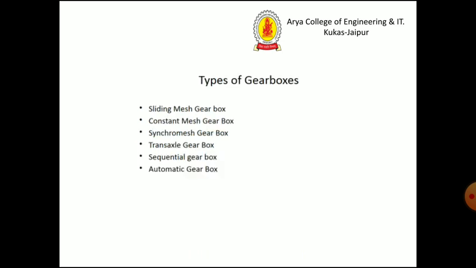There are many types of gearboxes we use in our automobile transmission system, like sliding mesh gearbox, constant mesh gearbox, synchromesh gearbox, transaxle gearbox, sequential gearbox, and automatic gearbox.